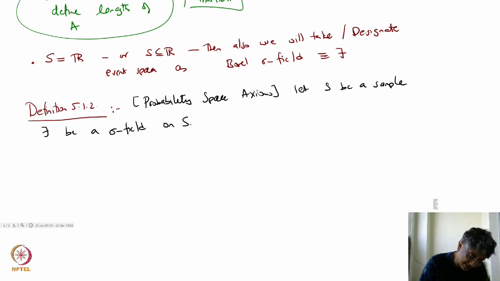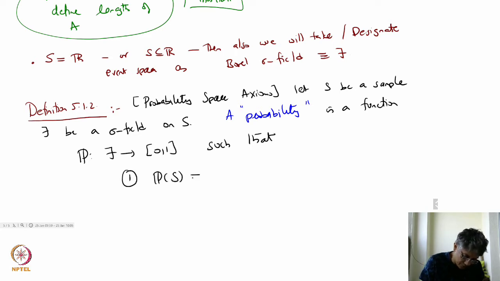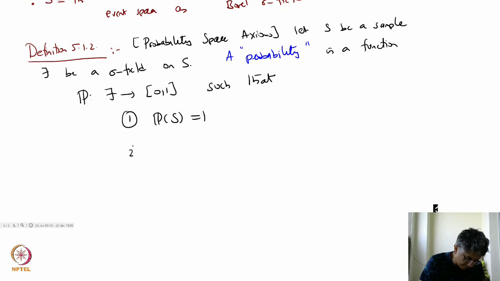What I'll say is a probability now is a function P from F to [0, 1] such that, first, the old axiom holds: the probability of S is equal to 1.